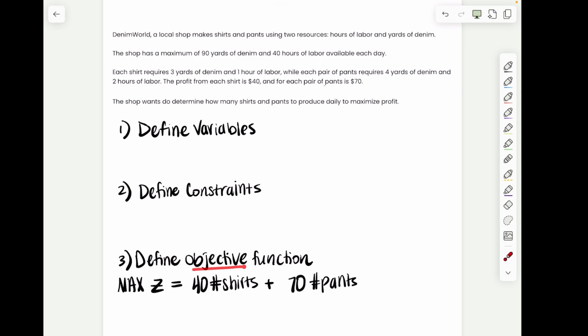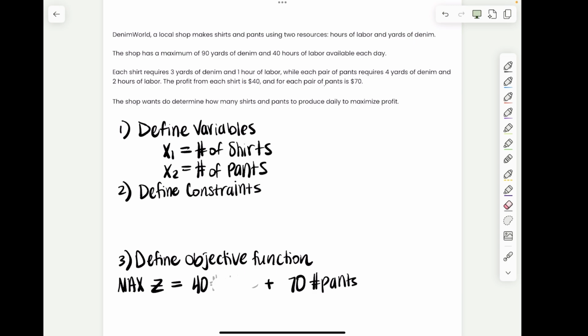And the objective is to determine how many shirts and how many pants to produce so that I get the maximum profit, Z. But the reason that the first step is to define your variables is because we can write these two things as variables. So we can let x1 be equal to the number of shirts and x2 be equal to the number of pants. So now we can replace this number of shirts with x1 and this number of pants with x2, making this a very nice and compact objective function.